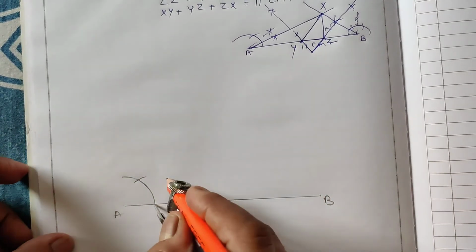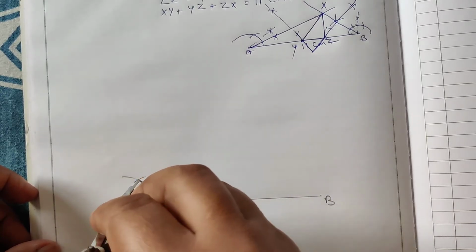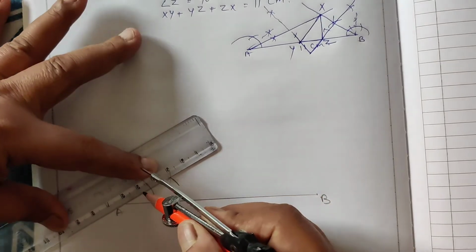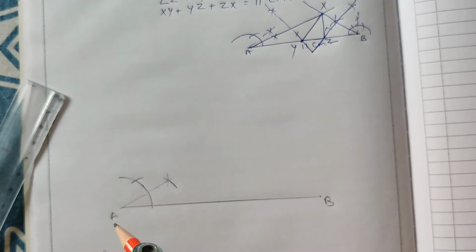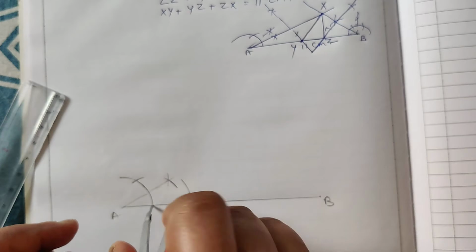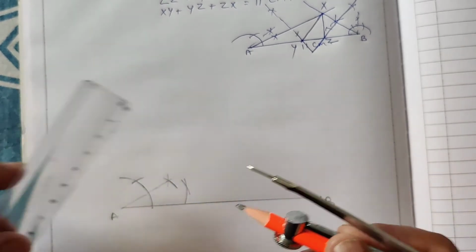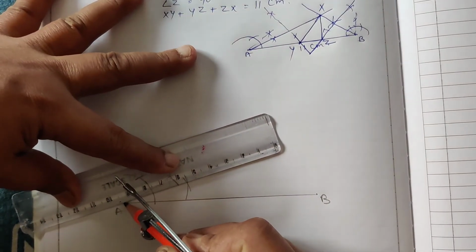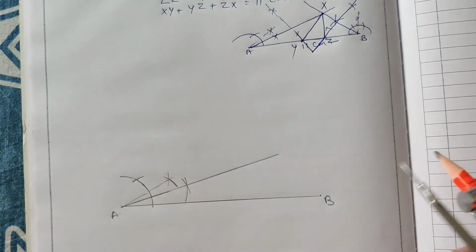This is the 60 and half of 60 is 30. This is the 30 and half of 30 is 15. This is a line of 15 degree.